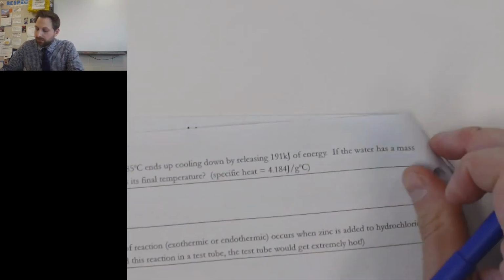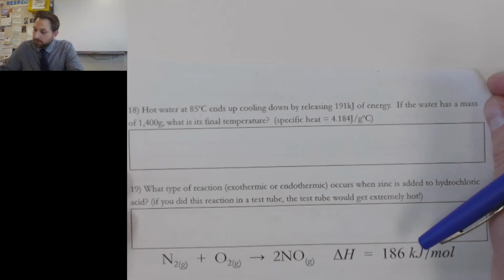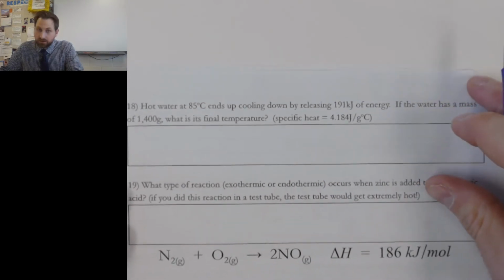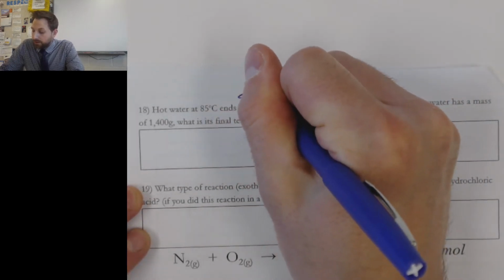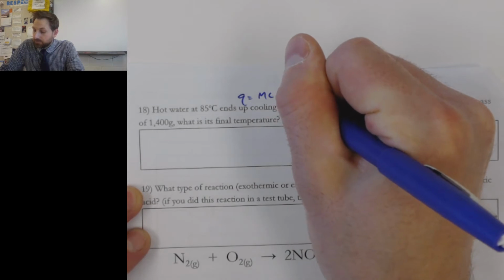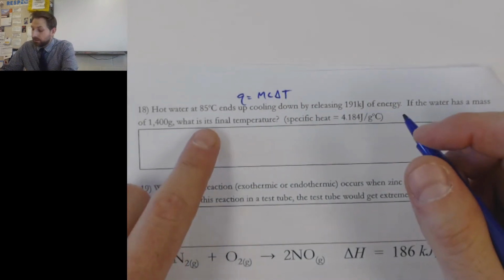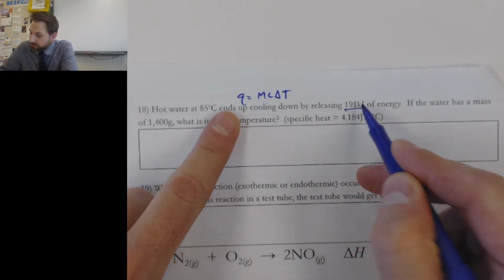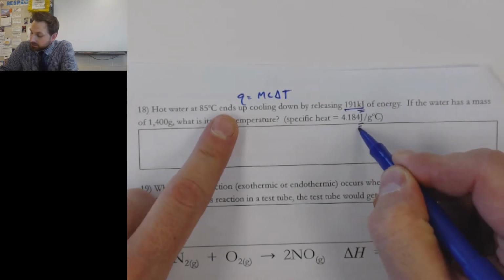Number 18 looks at hot water cooling down. Gives you the mass of the water, gives you a specific heat. This is also a QMCAT problem, but it's asking for a final temperature. So as you look at this, Q is energy. See how this is in kilojoules and this is in joules?